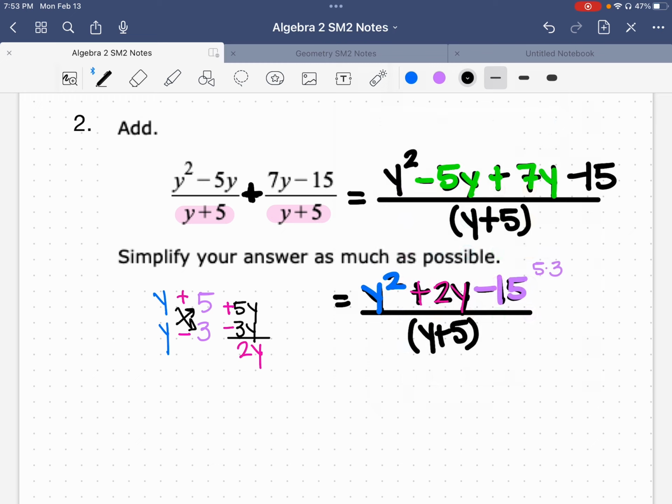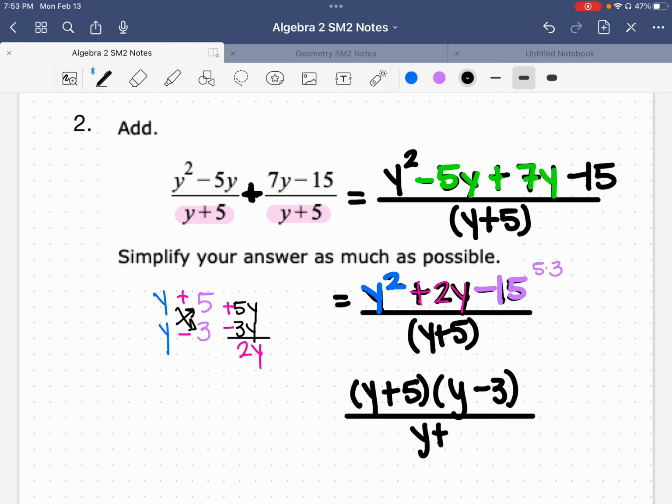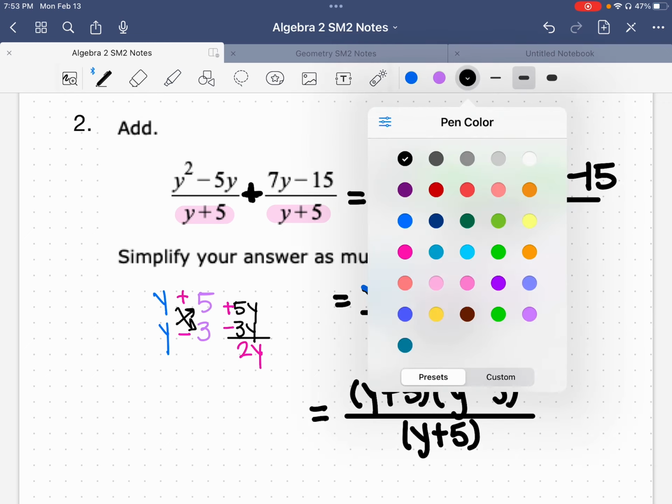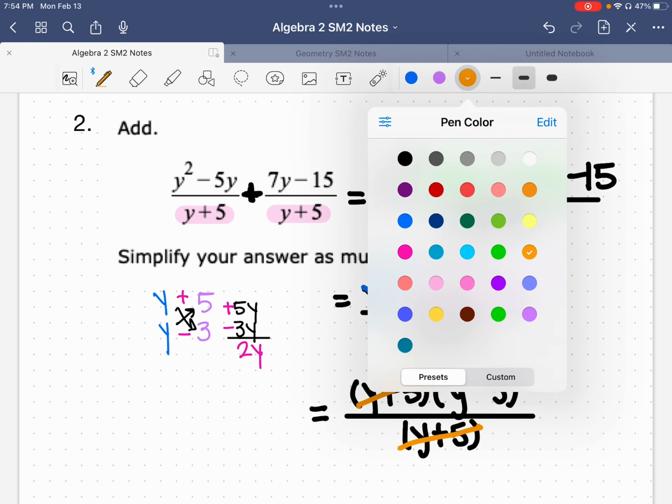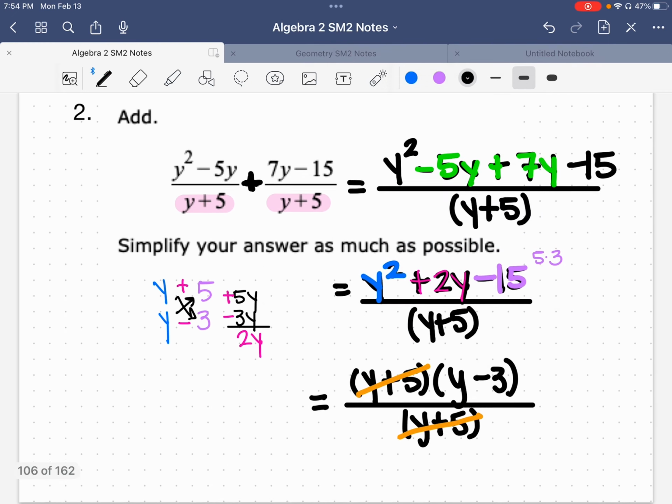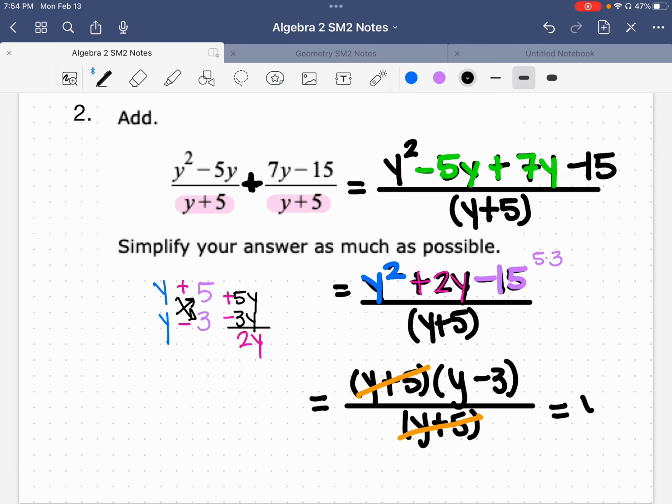I've gone ahead and factored my top into y plus 5, y minus 3. And I have the y plus 5 in the denominator. Now I can go ahead and I can cancel the y plus 5 because there's one in the top and one in the bottom. And that leaves my answer of y minus 3.